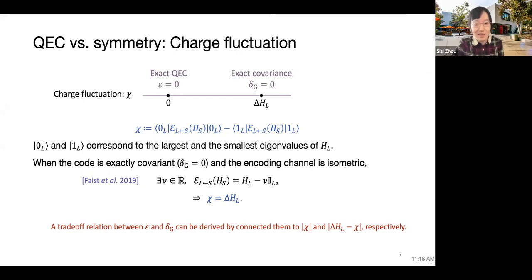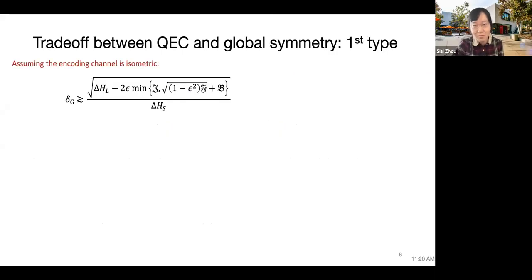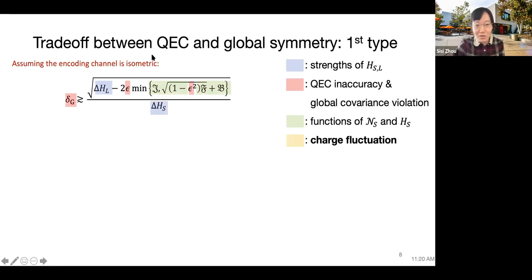So now we have our first type of trade-off relation between error correction and global symmetry. It looks complicated, but it's not important. I'm just going to decompose this whole thing into different parts. The blue blocks represent the strength of HS and HL, which is the strength of the charge.